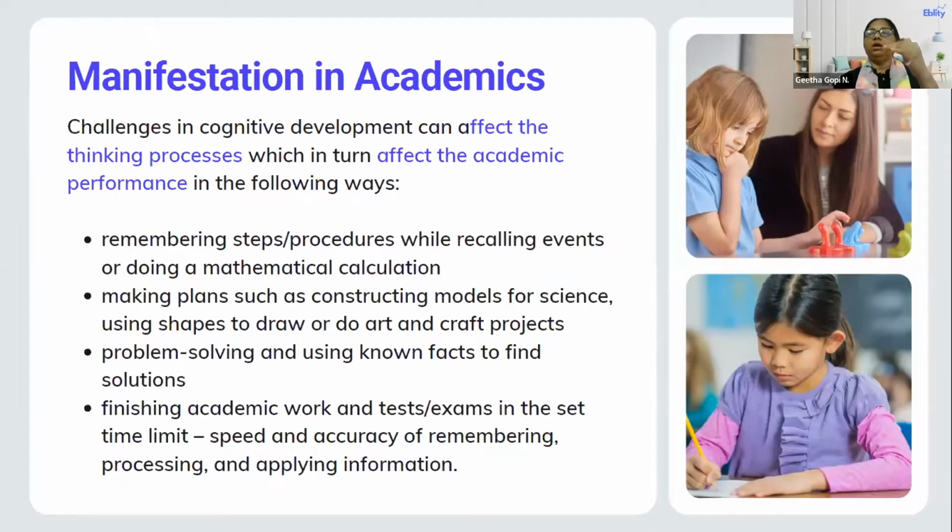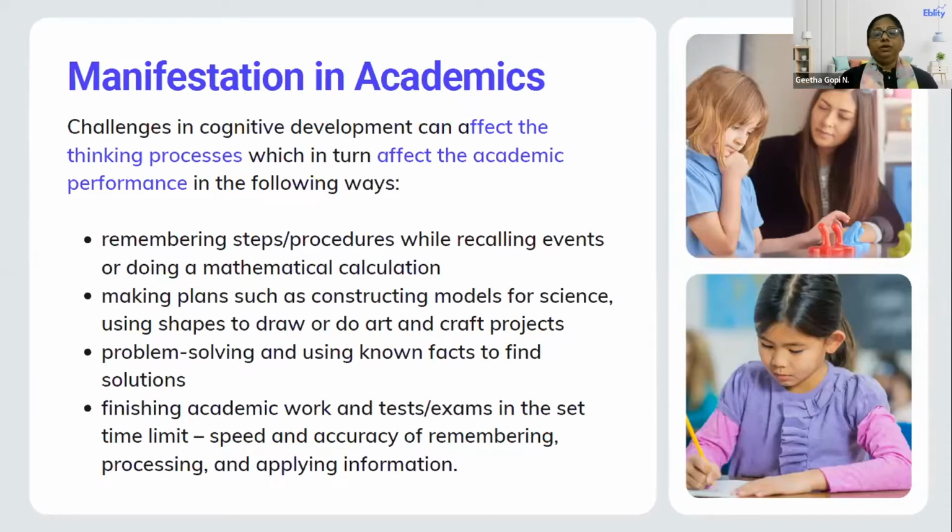What is step number 1, what is step number 2, so that you are able to recall those steps in sequence and present it. Making plans, such as constructing models, if you're doing a science project or an art and craft project, being able to visualize and imagine that in your mind and then putting it through action. All this requires cognitive skill, perceptual skills and attention, recall, and all that.